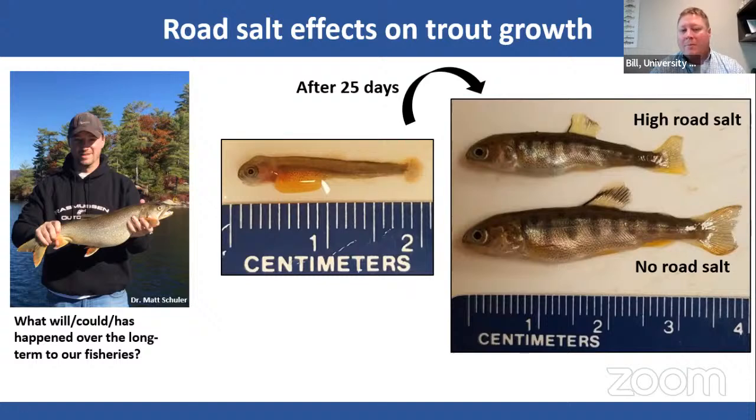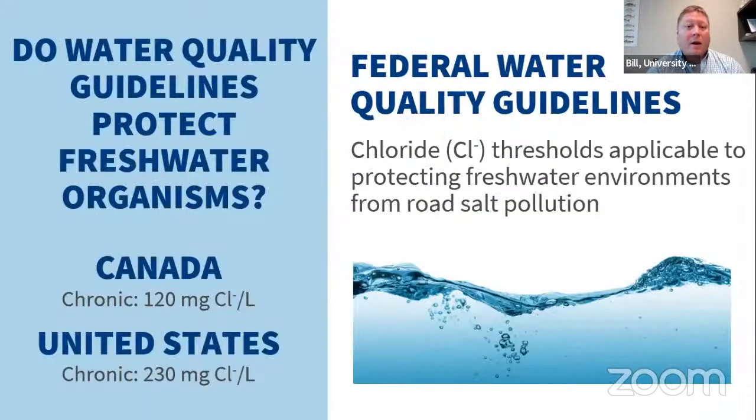And how this might affect them long-term or later in life, we just don't know that yet. So, fish, invertebrates, the green stuff, the macrophytes, macroalgae in freshwater ecosystems affected by salt, okay? But one question we work on is whether current water quality guidelines really protect freshwater organisms and ecosystems.